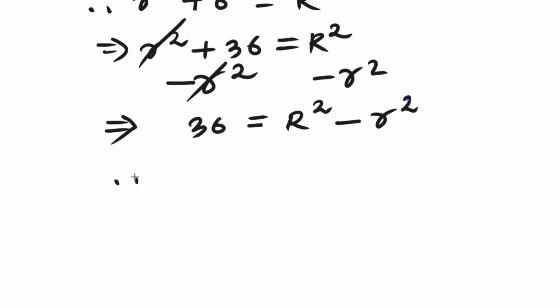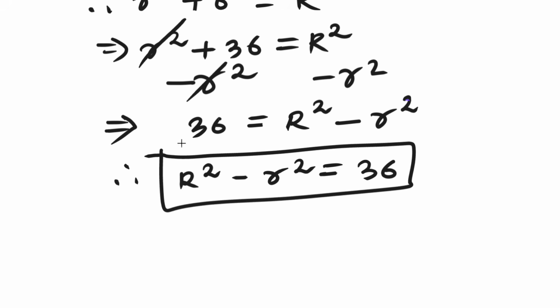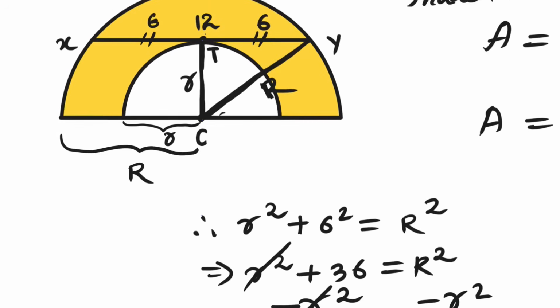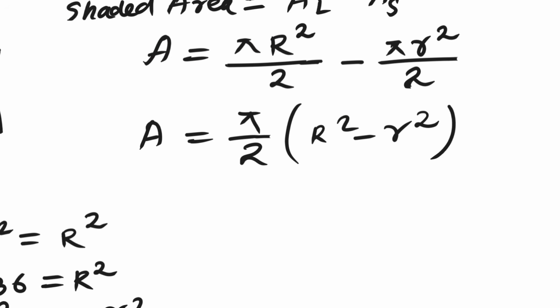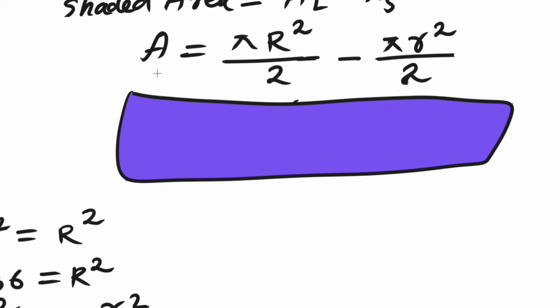In other words, uppercase R squared minus lowercase r squared equals 36. This is the key result. Notice how efficiently the geometry works here. We never had to find uppercase R by itself, and we never had to find lowercase r by itself. The right triangle gave us the exact difference of their squares that we needed for the area calculation.